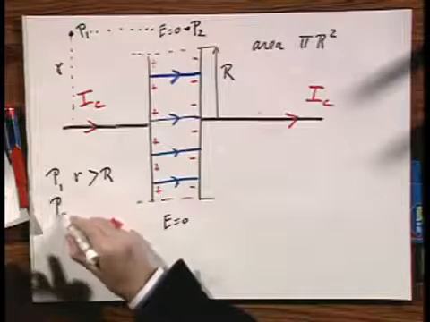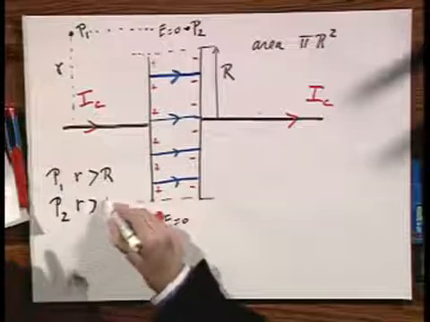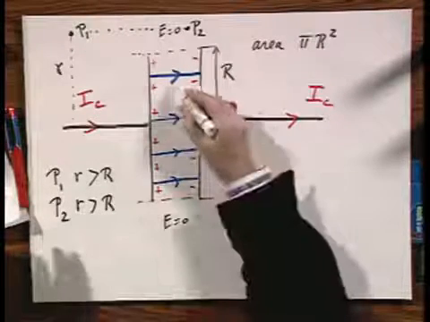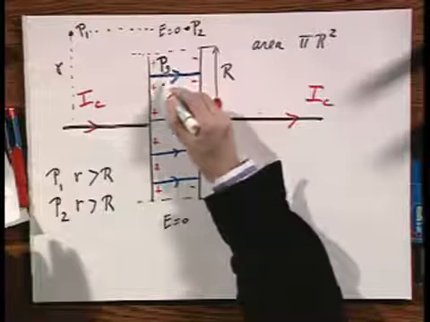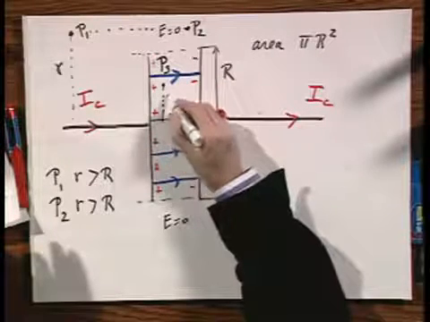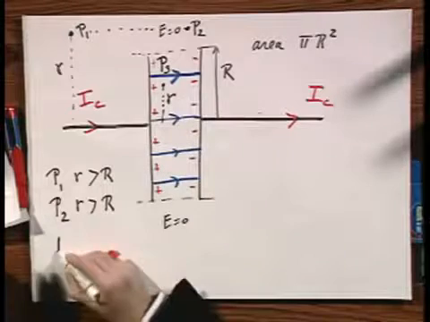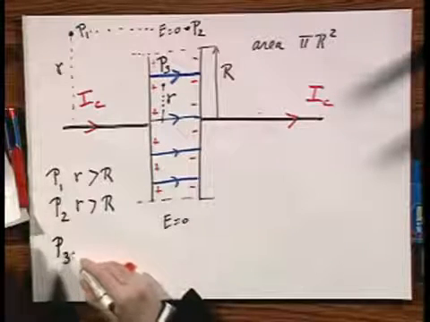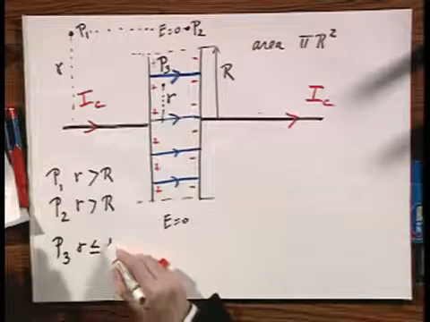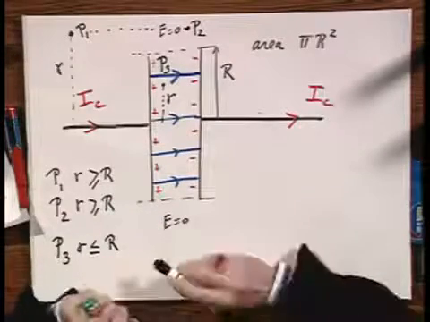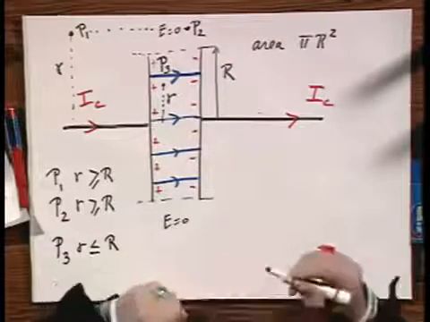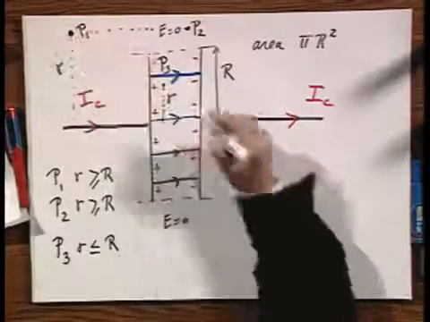So also for P2, r is larger than R. And then I'm going to ask you, what is the magnetic field at point 3, which is at a distance r from the center line, whereby r is smaller or equal than R. You can also put equal signs here. That is our goal. Let's first take P1.